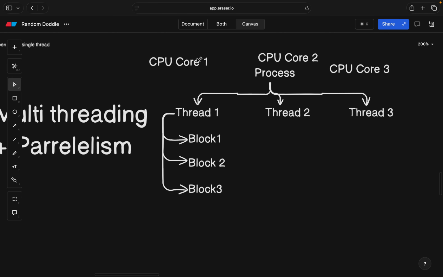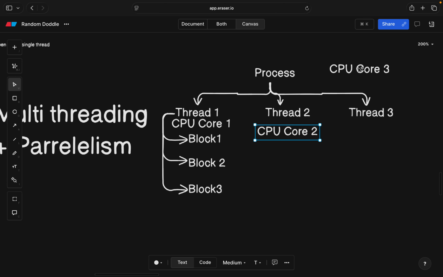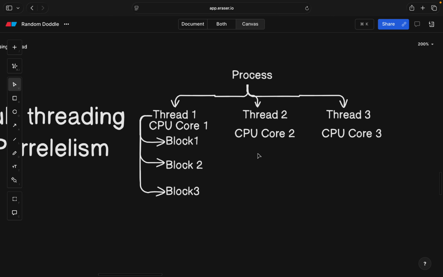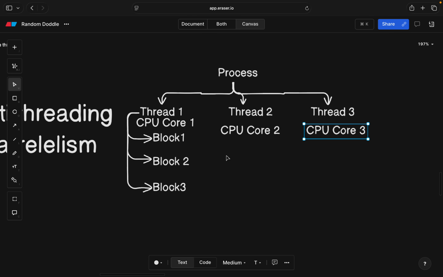CPU core one will take care of thread one, CPU core two will take care of thread two, and CPU core three will take care of thread three. And usually our computers have 8 cores, 4 cores, or even 16 cores. So it is quite a common thing nowadays.